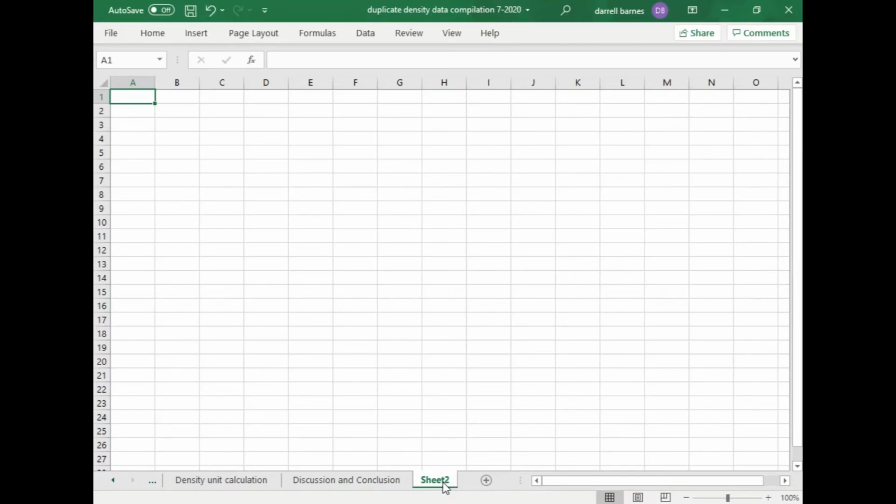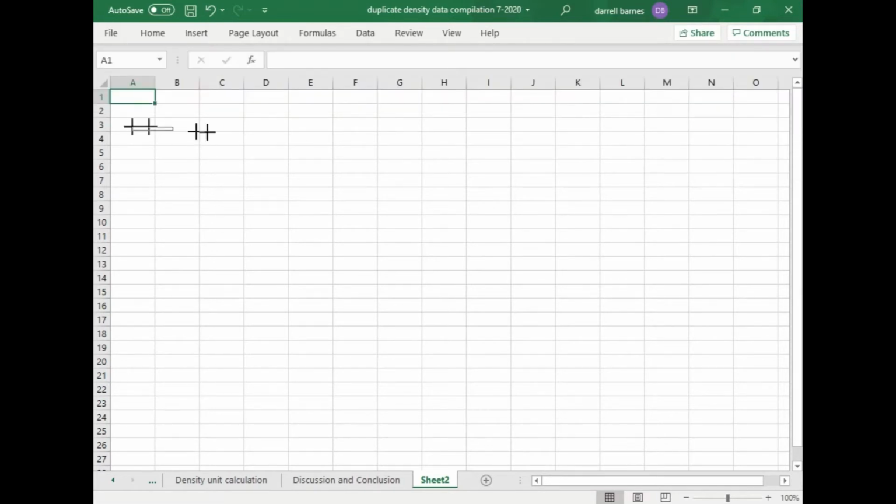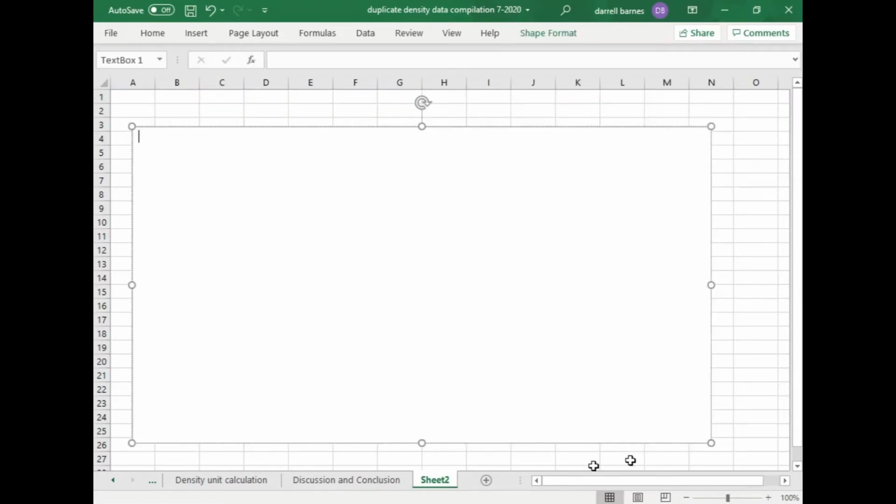Now, I'm going to say that I want to add a page for resources cited. So let's go do that. And let's insert a text box here. Let's insert a text box. That's good. Let's do that. And then let's right click on the sheet and let's rename this. I did not mean to do that.